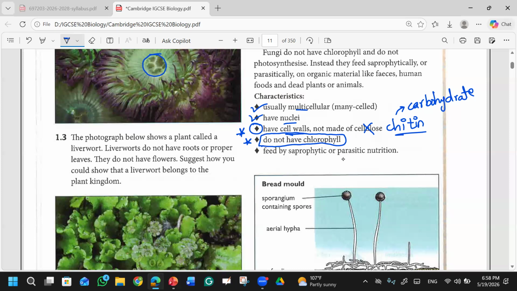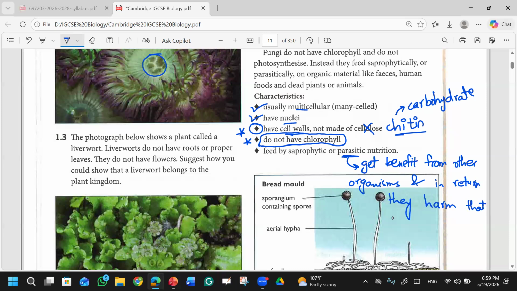They act as parasites. They get benefit from other organisms, and in return they harm that organism. These are parasites.